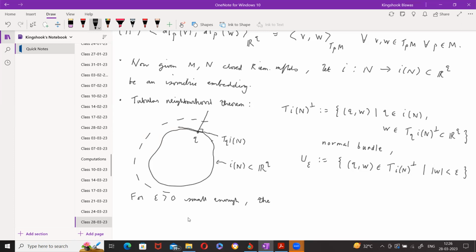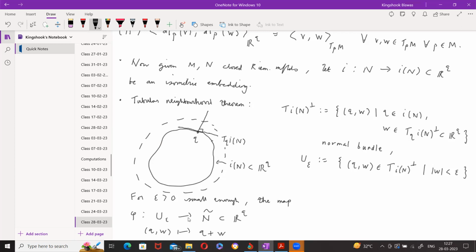The map is very simple. Let me call this map phi. So this goes from U epsilon to a neighborhood N tilde of the submanifold I of N. It is just Q comma W goes to Q plus W. Okay.